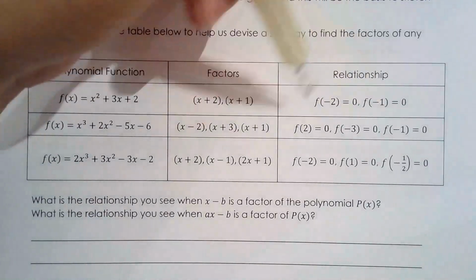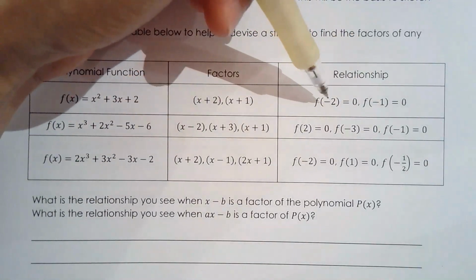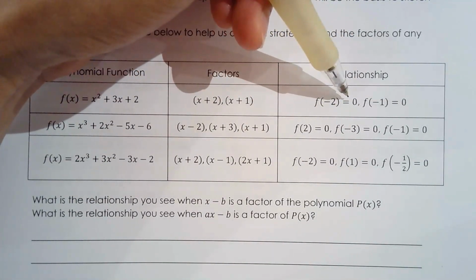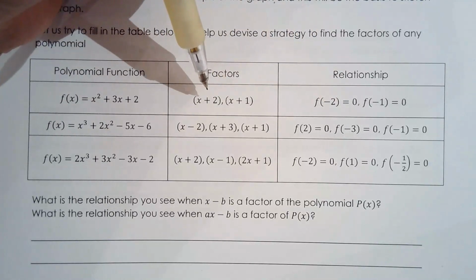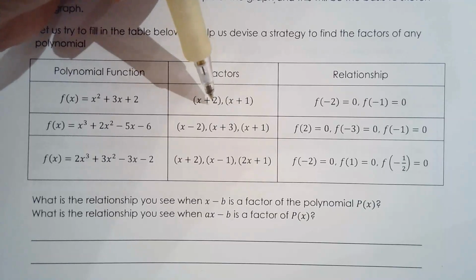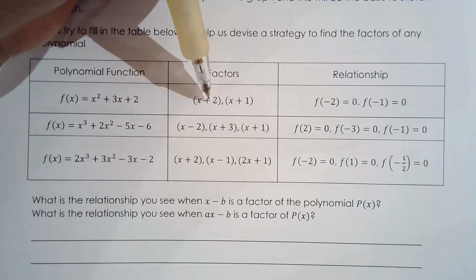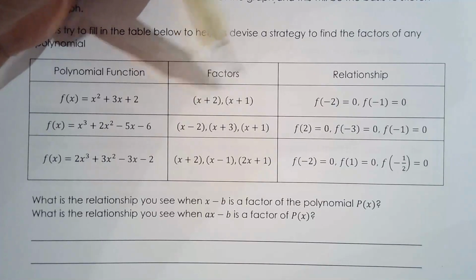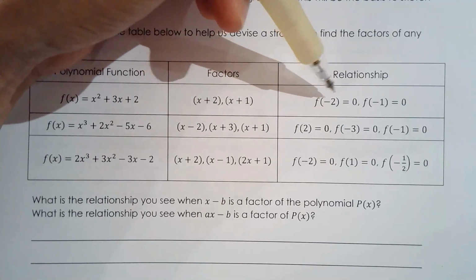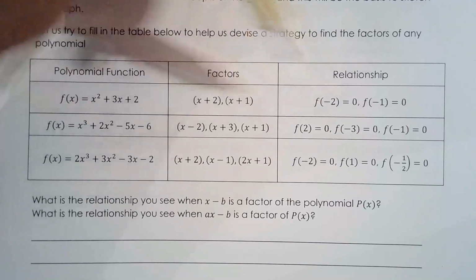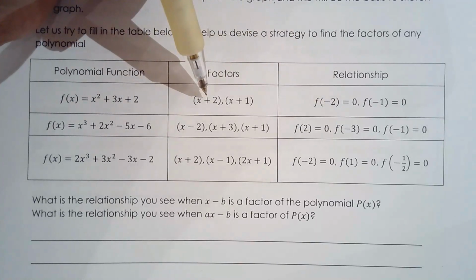I also showed you some relationships. f of negative 2 equals 0. This makes sense from what you learned previously, because what is this really saying? x plus 2 is a factor, so f of negative 2 equals 0. Of course, because x plus 2 is a factor. Why does this make sense?